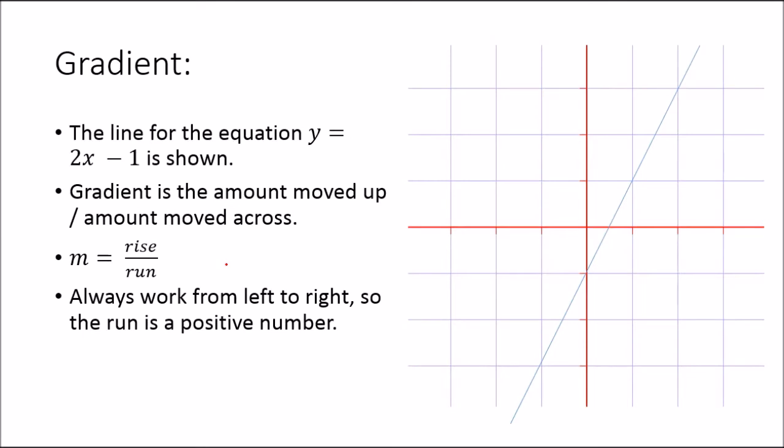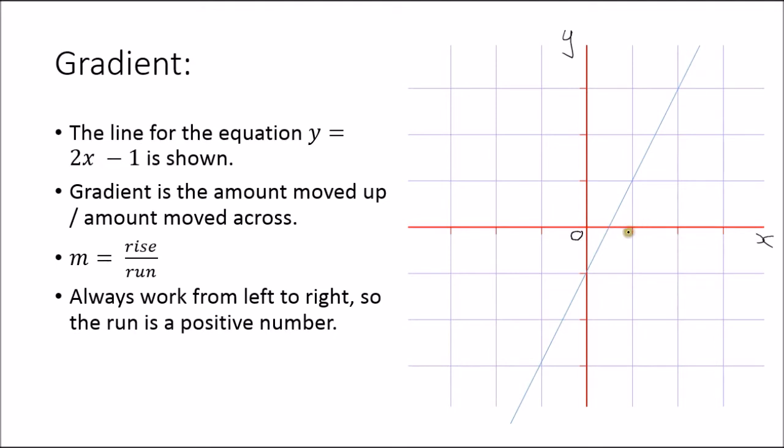Okay, so gradient, what do we mean by that? Now I've got an equation here for y equals 2x minus 1. Now I haven't actually labelled anything, which is a bit bad of me, but I'll quickly do that again, and that will help remind you where things need to go. So the y-axis is always vertical, the x-axis is always the horizontal one. 0 in the middle is the origin, so it's where x and y are both 0.